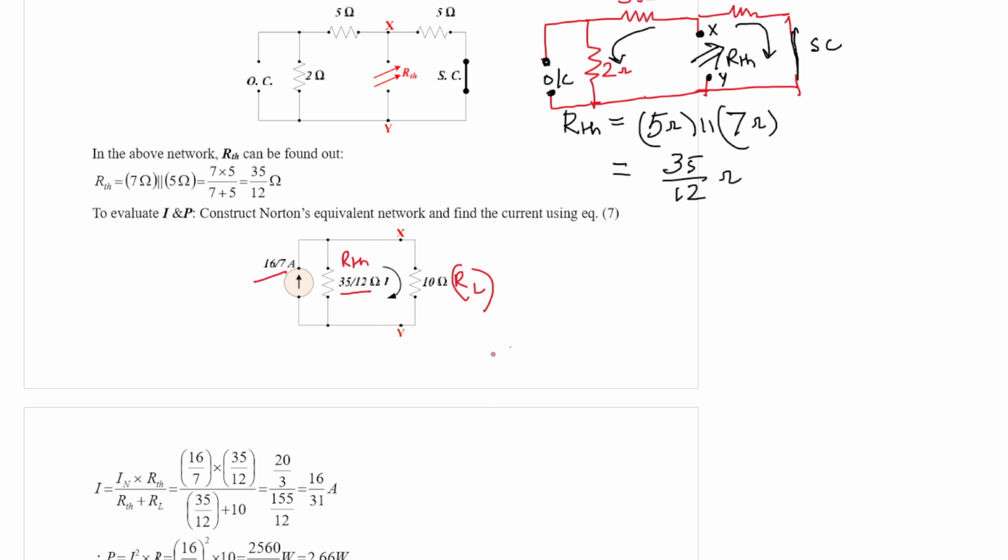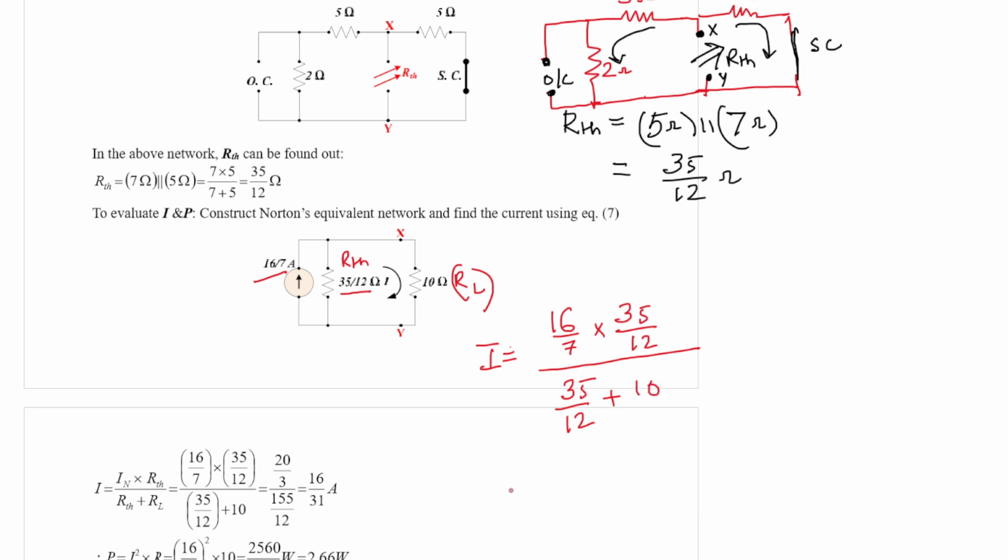So what will be I? The current flowing through the 10 ohm resistance is the total current 16 by 7 into the resistance of the other one, that is 35 by 12, divided by the summation of the two resistances, that is 35 by 12 plus 10.